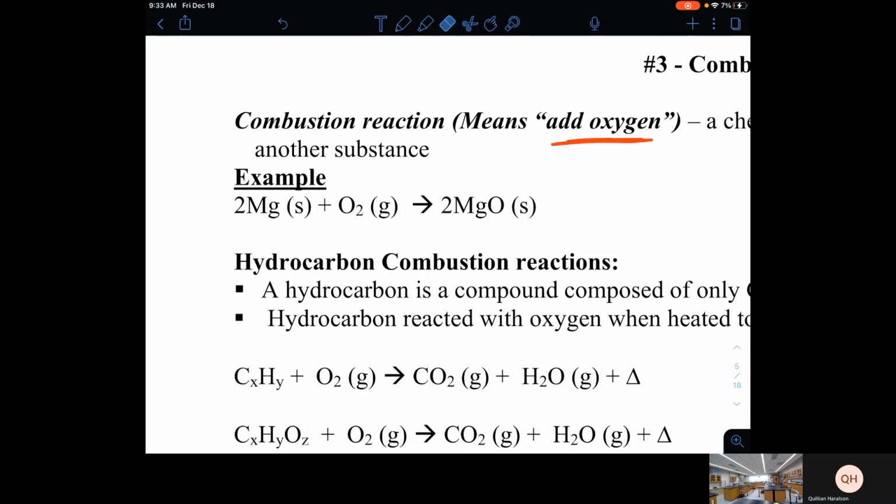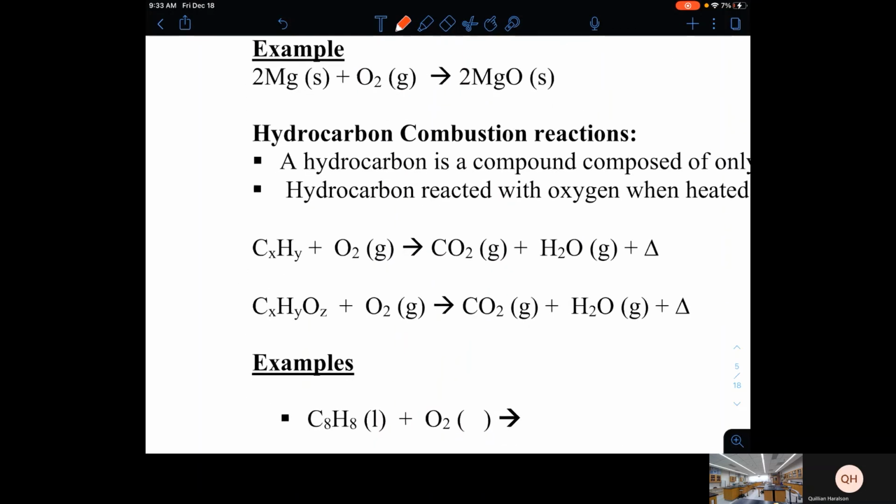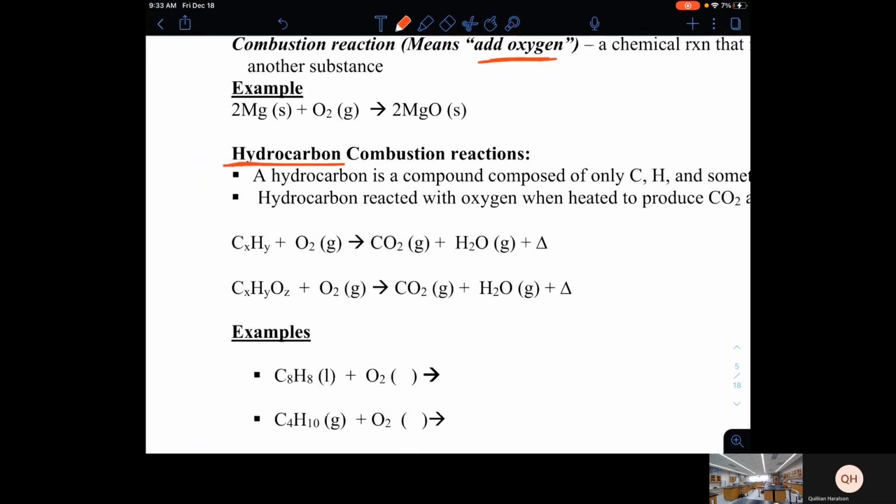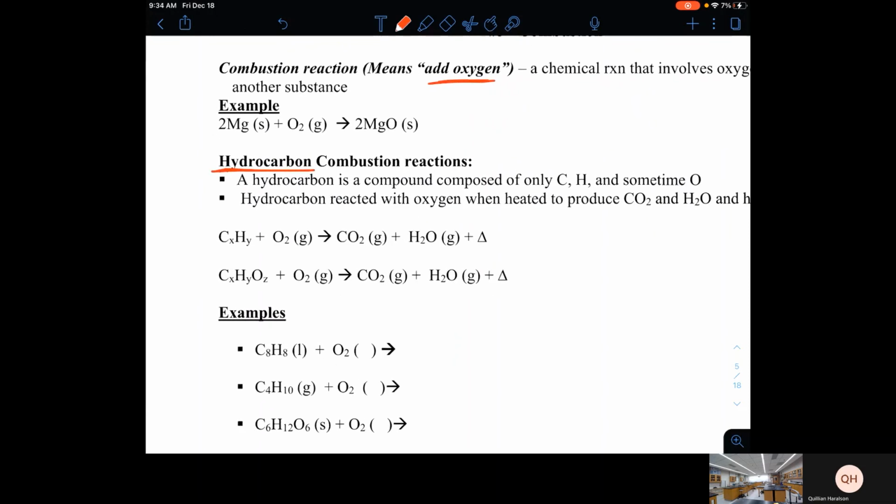The combustion reactions that we're really going to focus on are what are called hydrocarbon combustion reactions. And let's make sure that we're clear with what a hydrocarbon is going to be. It tells us that a hydrocarbon is simply going to be a compound that is made up of carbons and hydrogens, and sometimes it's also going to have oxygen in it.